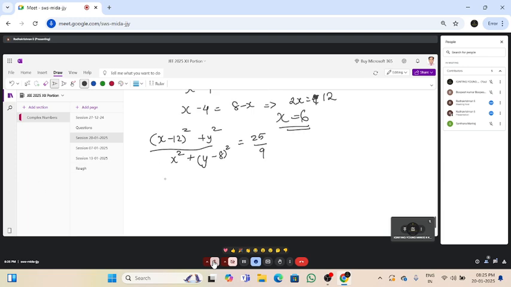So this will give us 6 minus 12 minus 6 whole square. I will straight away put it 36 plus y square divided by, again the x square is 36.